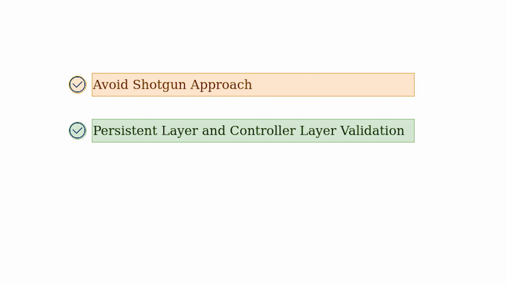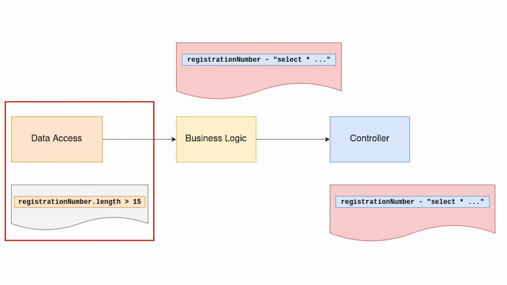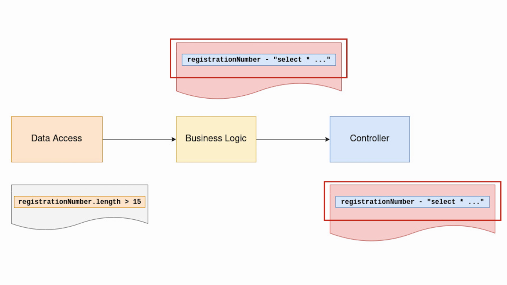Persistent layer and controller layer validation. One strategy is that you can safeguard the input parameters from the controller if your API is based on MVC, because it is the entry point, and data type and parameter related constraints could be validated before they enter into your code. One bad side of having only persistent layer validation is that params which are not validated will route up until the data access layer, and they could contain malicious data.